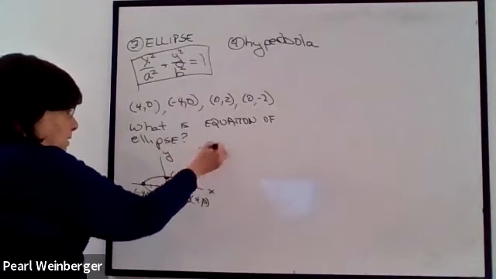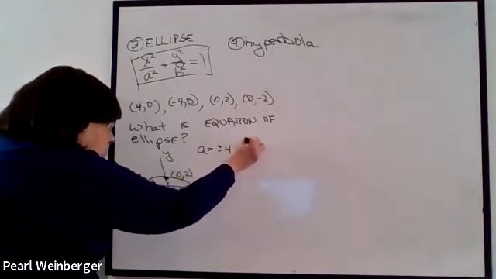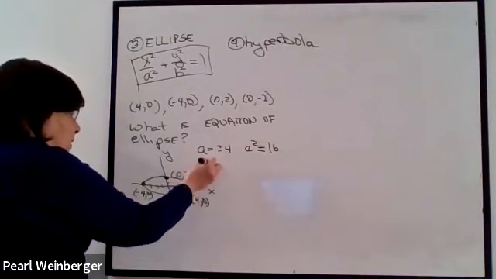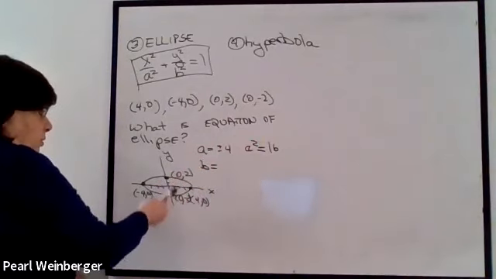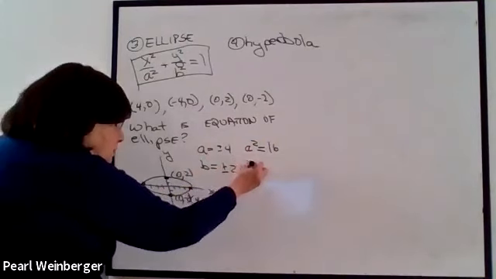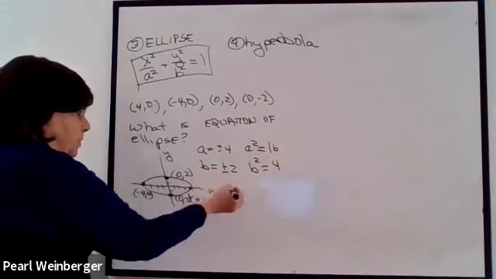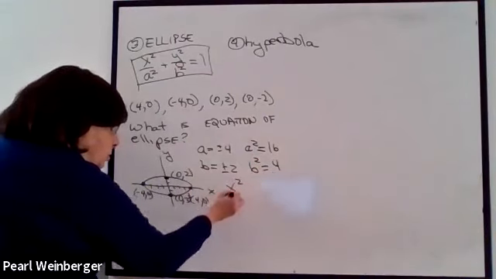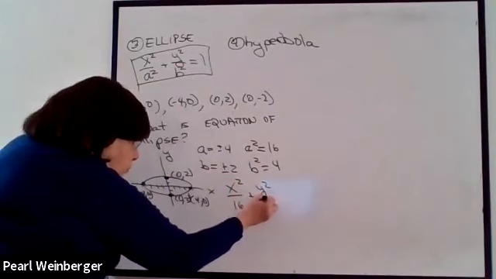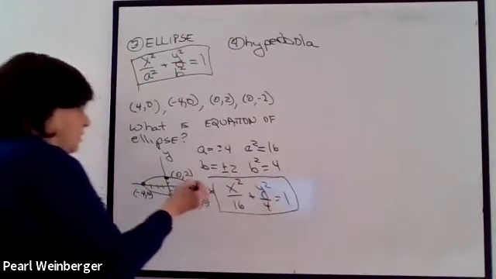So the a is either plus or minus 4, which means your a squared has to be 16. And your b is your y-intercepts, which are either 2 or negative 2. And of course, that means that the b squared has to be 2 squared, which is 4. So my equation becomes x squared over 16 plus y squared over 4 equals 1. And that would be the equation of this ellipse.